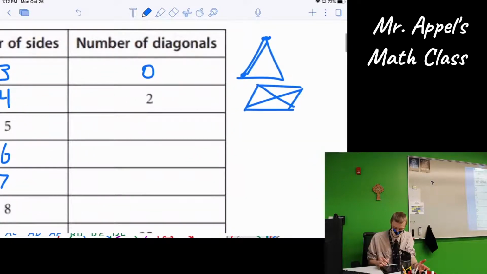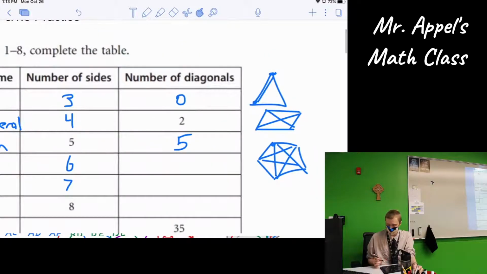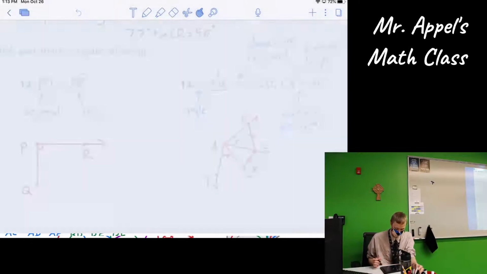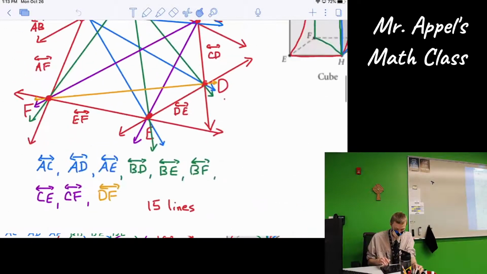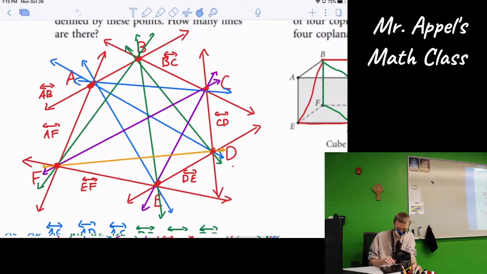How about pentagon? Make a quick sketch. 1, 2, 3, 4, 5 sides. And this guy goes to there, there, here. Nope, that's already a side. There, there, there. Looks like 5. All right, how about 6? I'm going to save myself some time. I already drew 6. Back here, I drew 6 points. I connected them all. The red lines make a 6-sided figure.